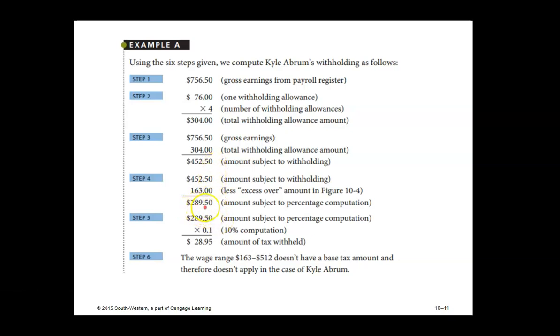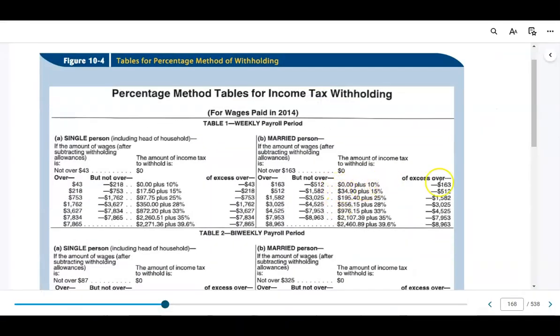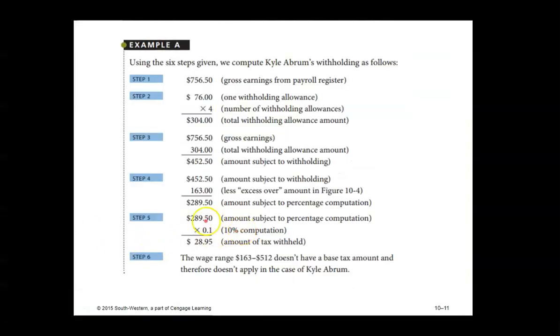That gave us $289.50. Okay. And then also recall from the table that it says 10% of anything over $163. So we're multiplying by 10%, and this gives us $28.95 as the amount of tax withheld.